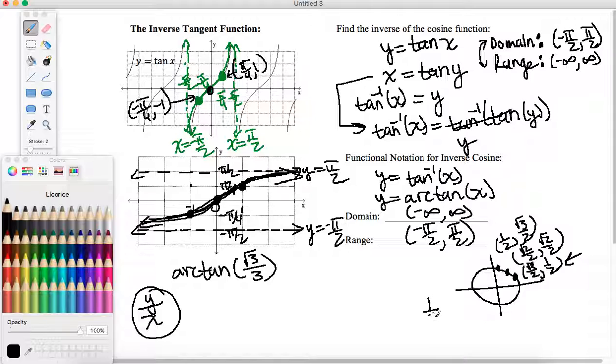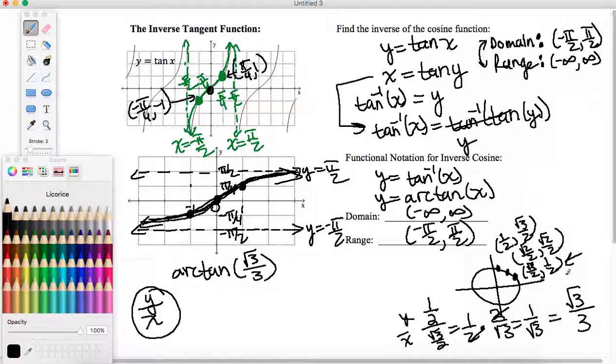If I do 1/2, which is y, divided by x, which is square root of 3 over 2, that's 1/2 times 2 over the square root of 3, where the 2's cancel. I get 1 over square root of 3. Of course, we rationalize that denominator, and we get the square root of 3 over 3. So that angle, pi over 6, is the arctan.